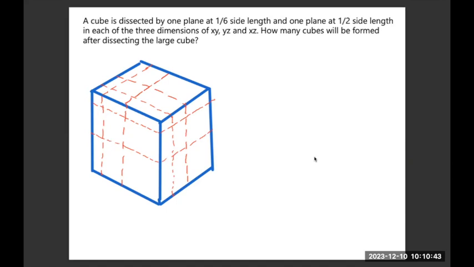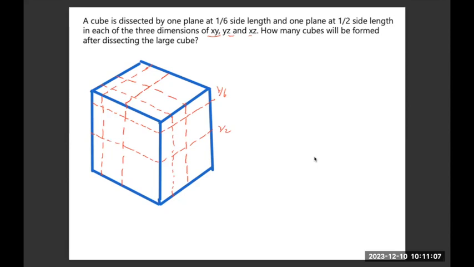This is 1/6. This is the half line, the half dimension line. And along all the three visible planes and along all the axes, I have drawn these cut lines.